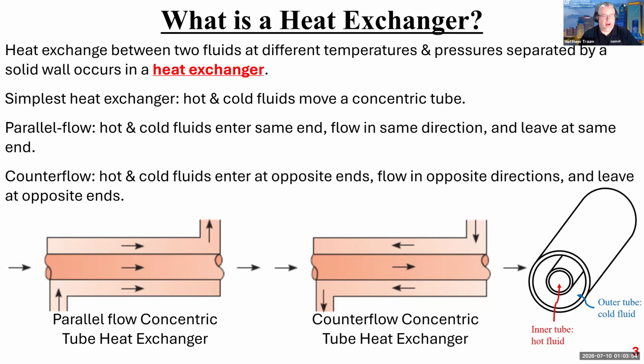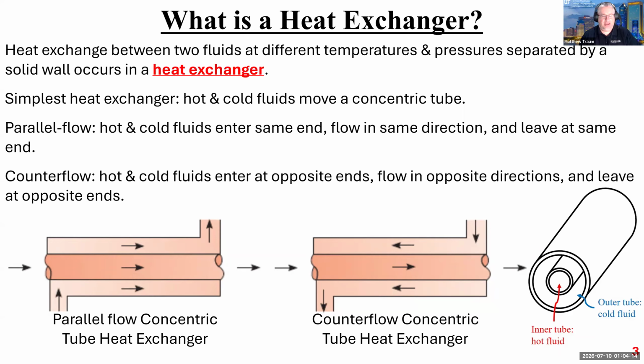We don't have time to talk about it in this class, but you will discover later on in your lives as engineers that the absolute best way to do heat transfer between two fluids is to just mix them, right? That's the quickest and most efficient way to achieve a target temperature.